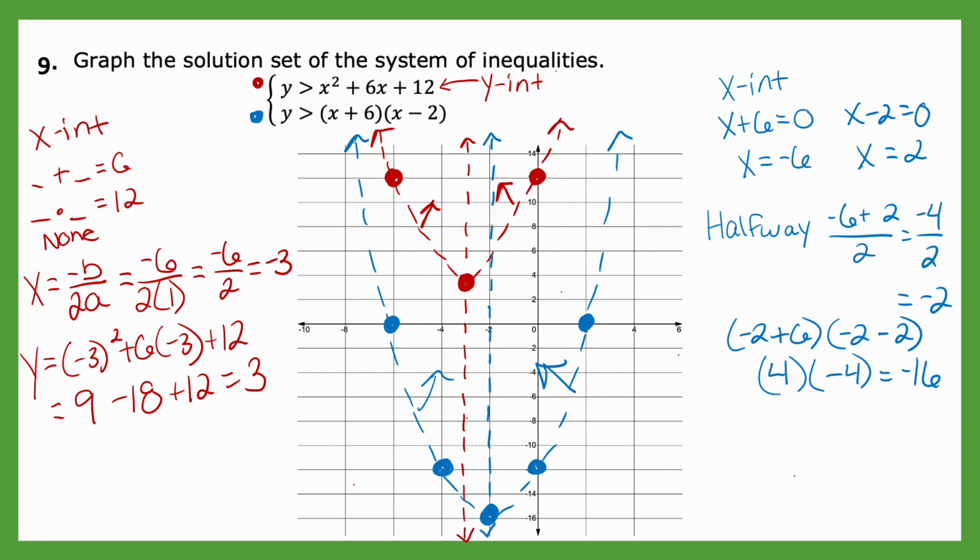Okay, so where do I want to put my final answer of shading? In this small parabola up here, because that's the area where my shadings would overlap. So the solution to the system is above the blue and above the red. That's really just falling above the red because the red is inside the blue.